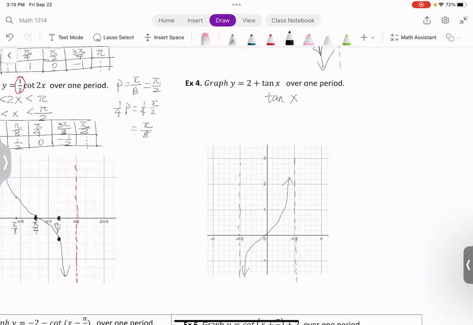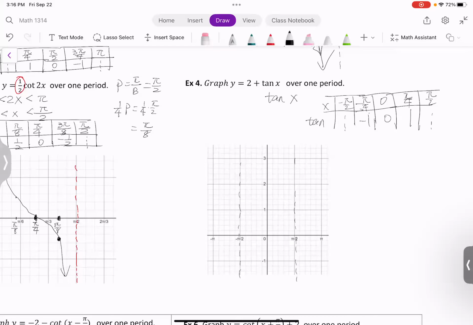But if I'm moving up 2 units, so before, the table of tangent: for example, this is -1/2 pi, -pi over 4, 0, pi over 4, and 1/2 pi vertical asymptotes, and tangent x, the y's values are -1, 0, 1.